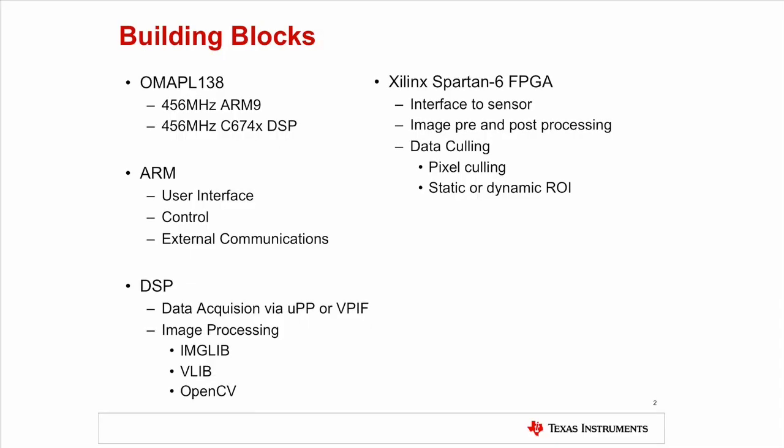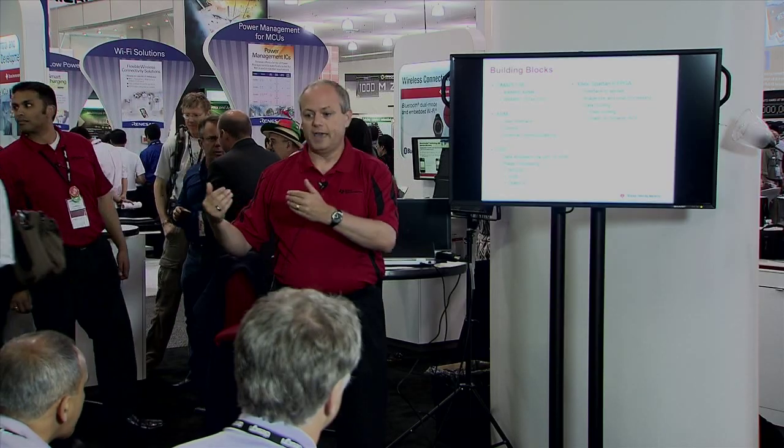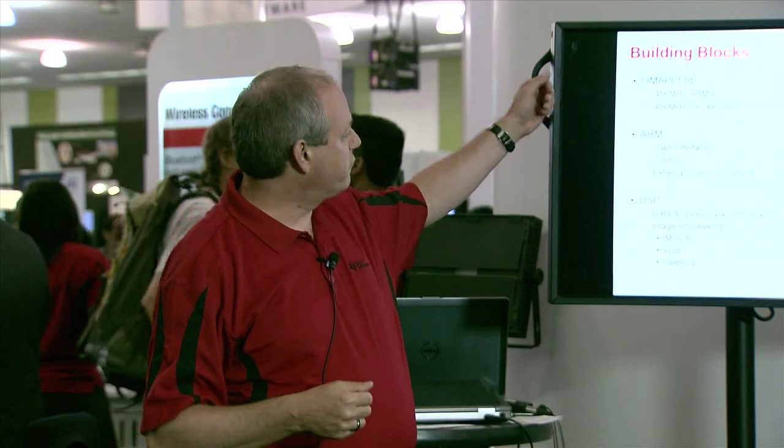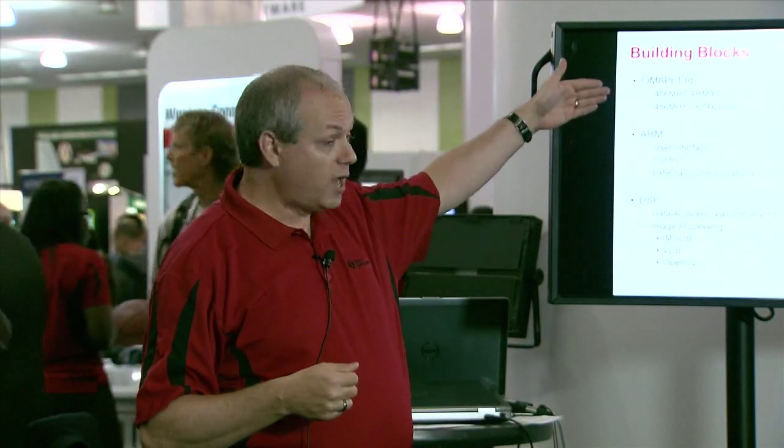So, in this talk, we're going to be talking about a few different building blocks that we use to build this machine vision architecture. And the architecture is available in kit form for customers to purchase and develop their own custom machine vision application based on the OMAPL138. The building blocks we have to work with start with the OMAPL138.